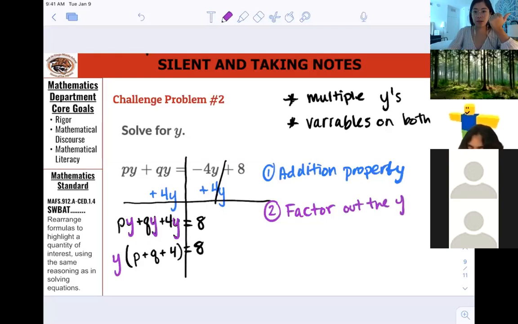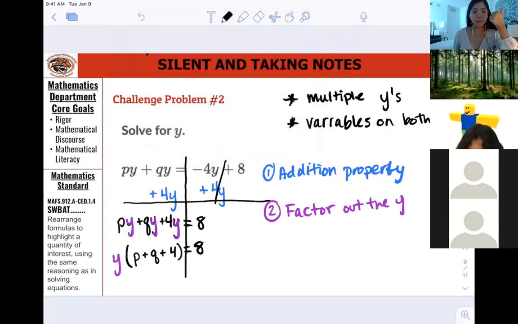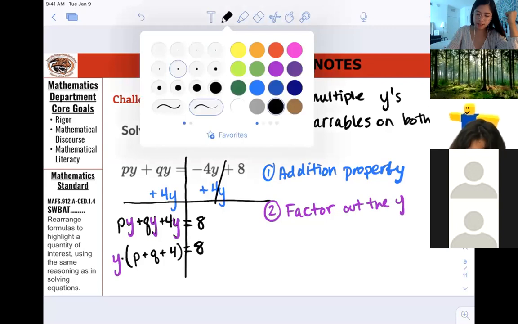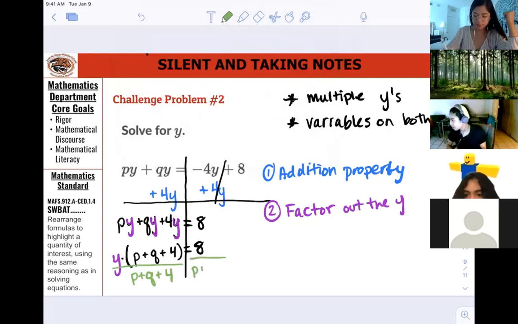Now that he's all alone, we can get the P, the Q, and the 4 out of the way. So what operation should I use to eliminate the P, the Q, and the 4? Division, exactly. We're going to divide by P plus Q plus 4 on both sides. That eliminates that whole entire thing.